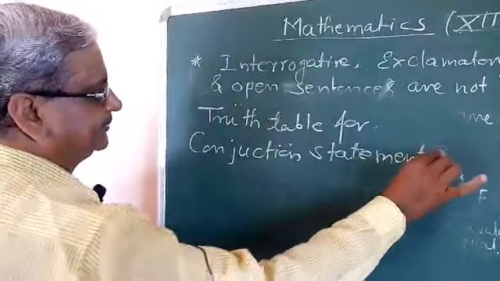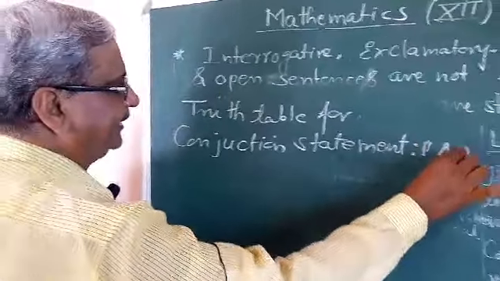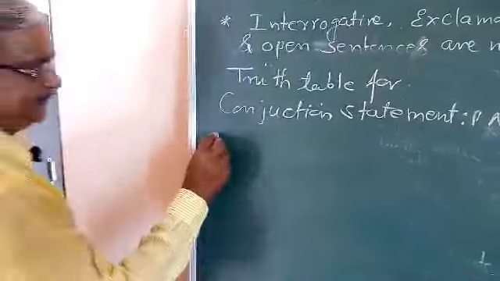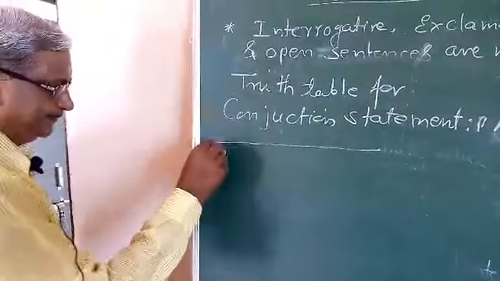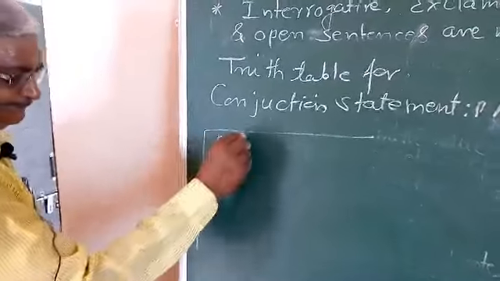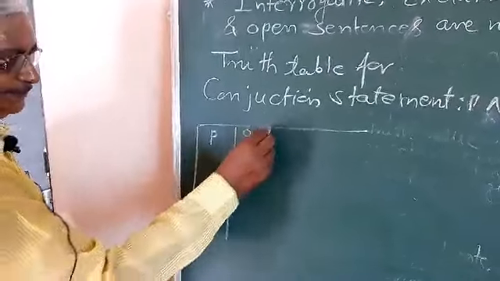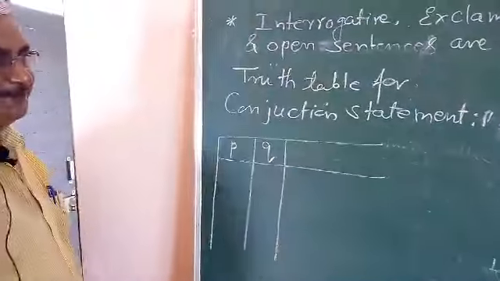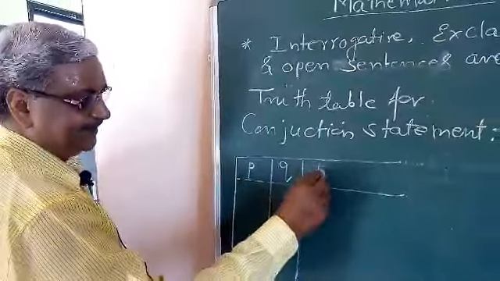Conjunction statement, that is P and Q. So here, what is the rule? P and Q are the prime statements, and the conjunction means and.